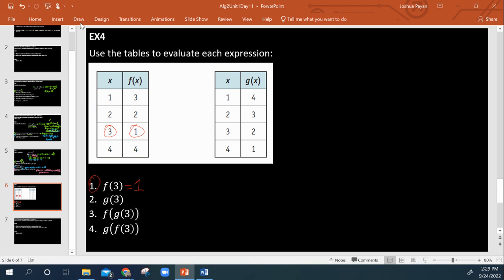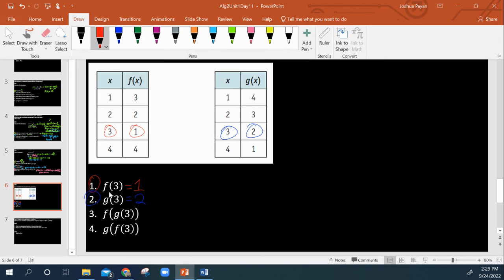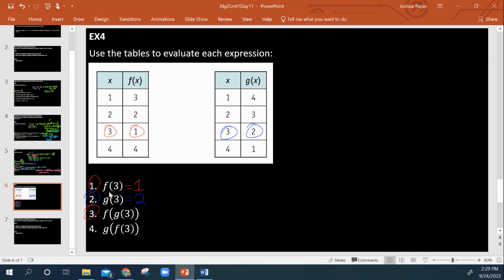Then let's look at g of 3, same idea. What is g whenever x is 3? When x is 3, g is 2. Simple enough, right?